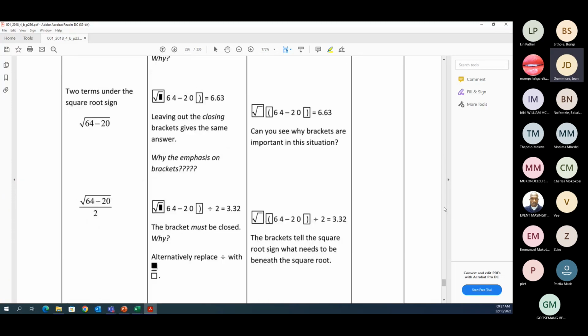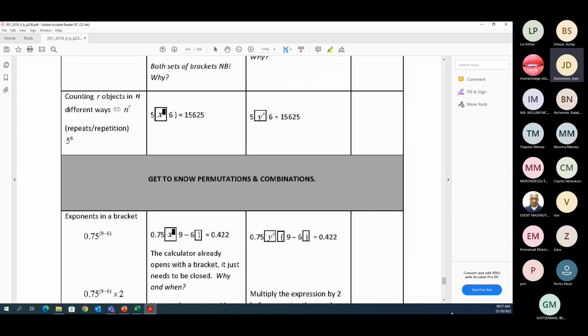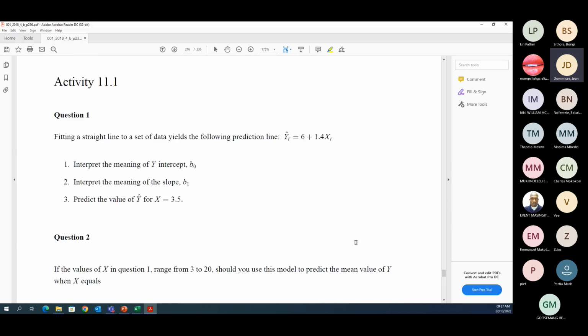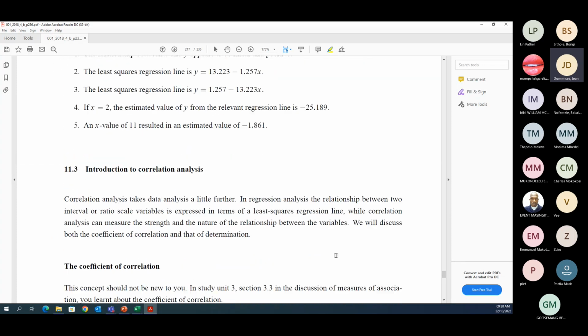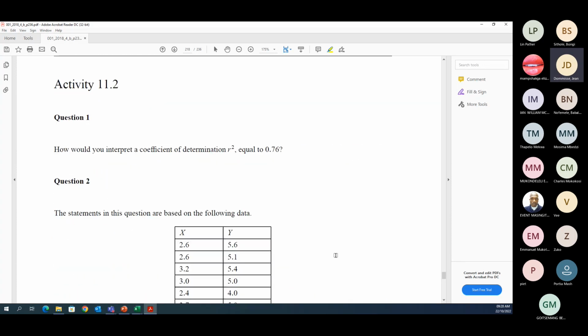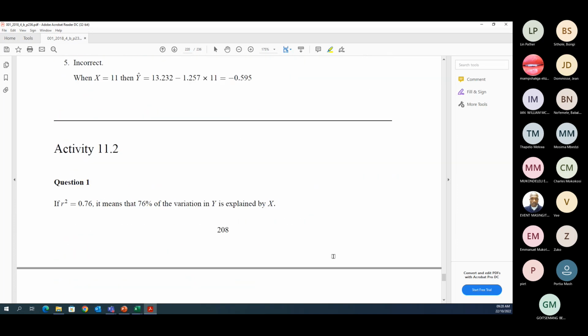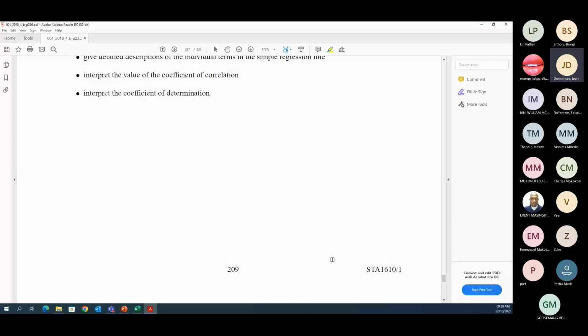If you have this calculator, I think it's one of the Sharp calculators. Let's quickly check. It's at the end of your study guide.